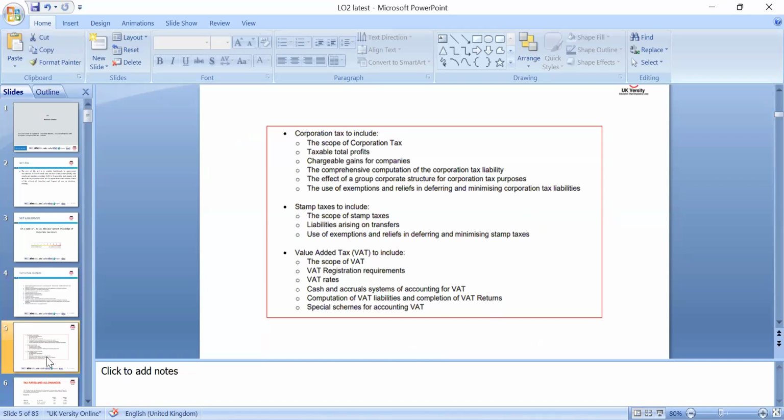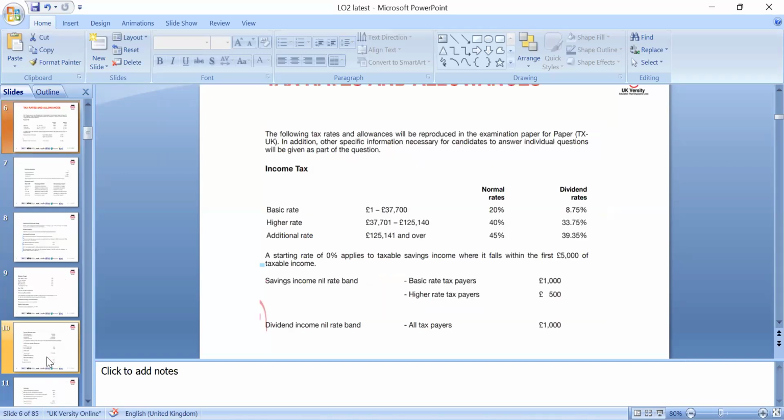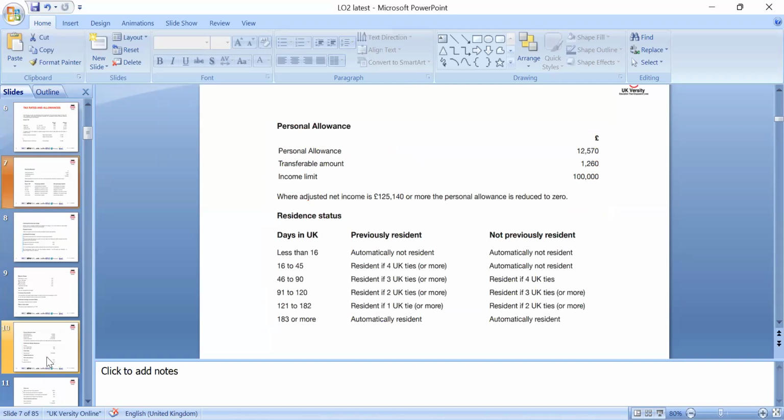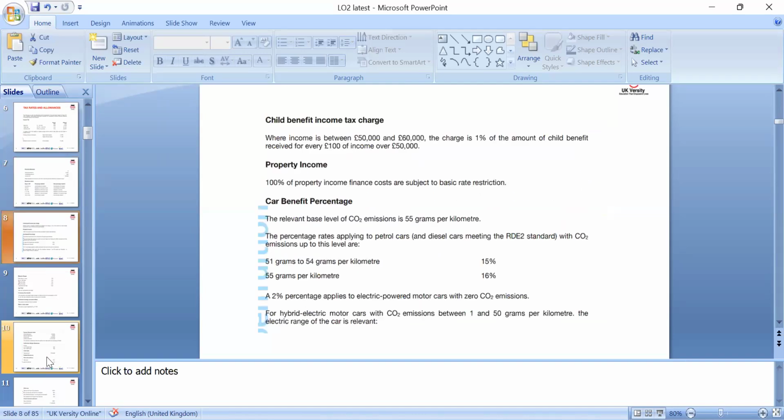Of course, we are showing you different examples and different years, but it is better to apply the current year rates. So I included the rates for you here, which we need to look around. This year we have a personal allowance of 12,570. We can look at corporation tax, which is 19%.